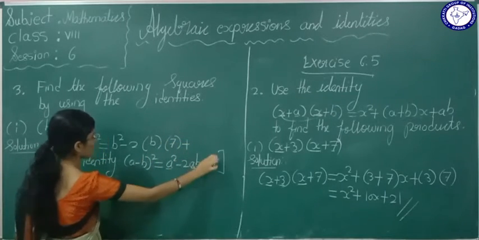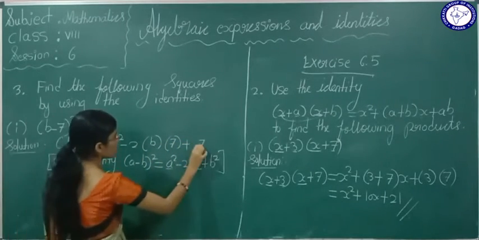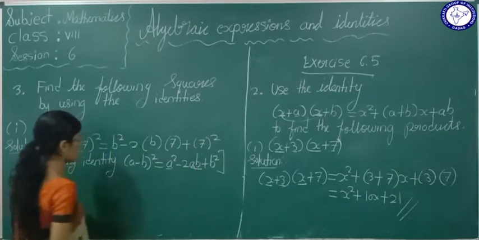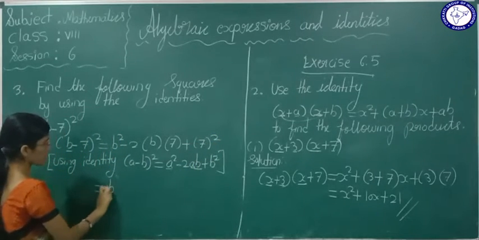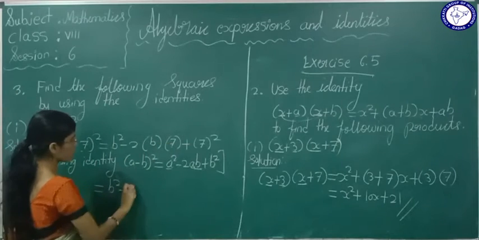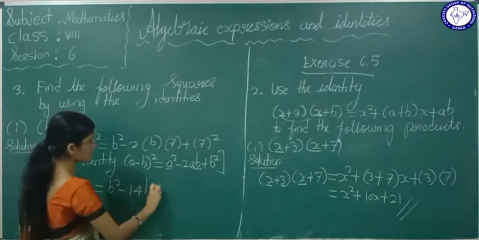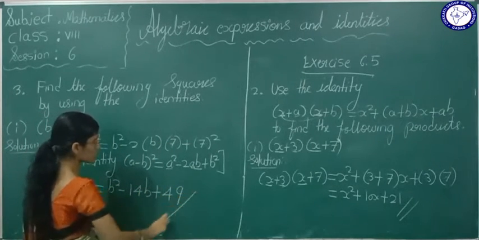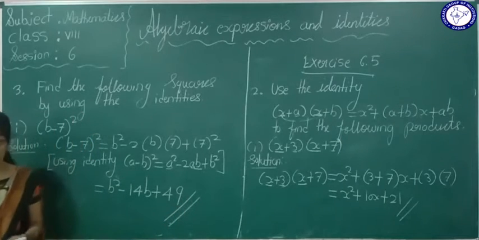So it will be b² minus 2 times b times 7, plus 7². Now b², 7 twos are 14, so minus 14b, and 7 sevens are 49. So this is the required solution.